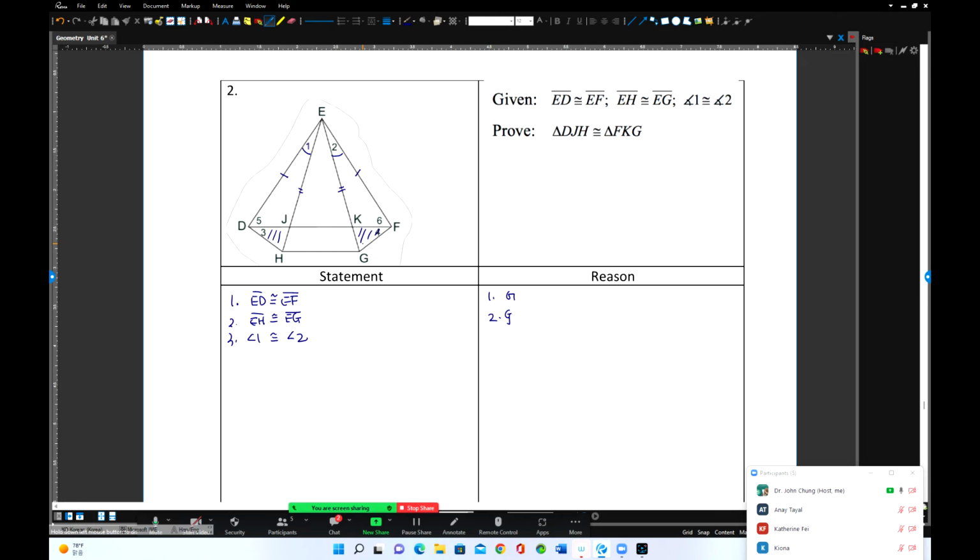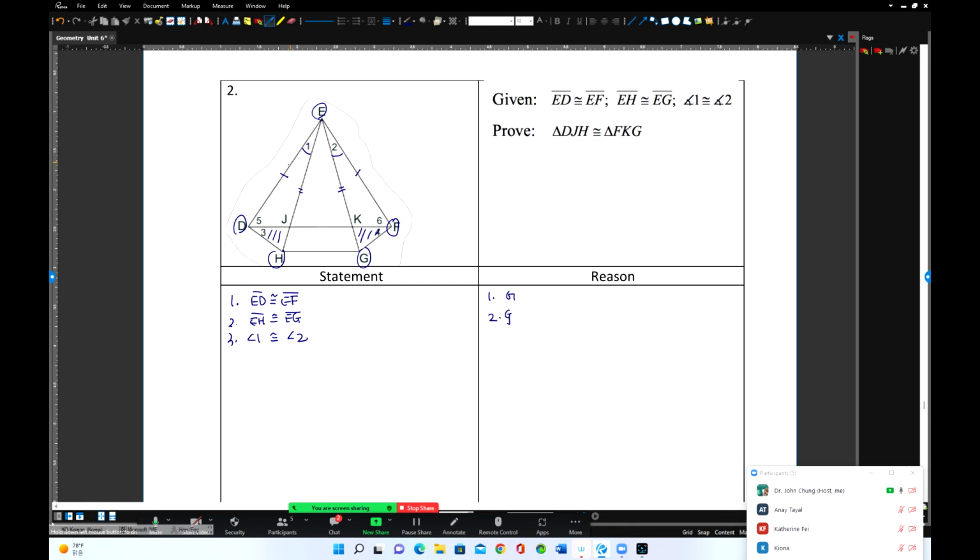So how do we get the congruence? Maybe if you prove triangle EDH and triangle EGH, this is the easy way, right?